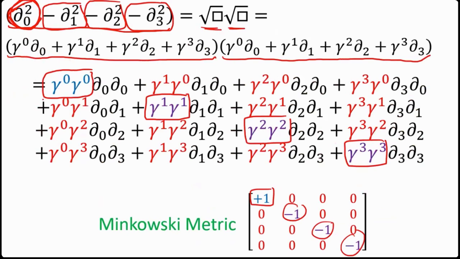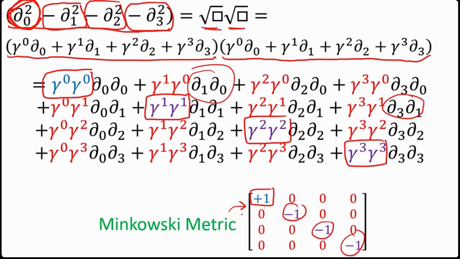And then we want everything else to go to 0. So we don't want cross terms like partial 1, partial 0, or partial 3, partial 1. We want the off diagonals to go to 0. So basically, we want the coefficients to look like the Minkowski metric here. Does that make sense?